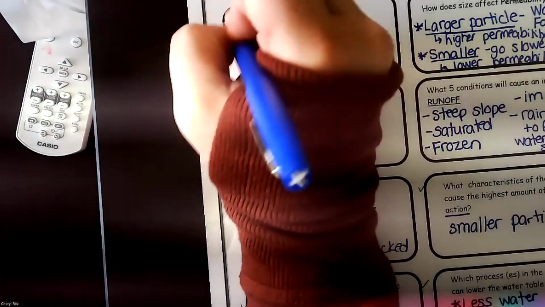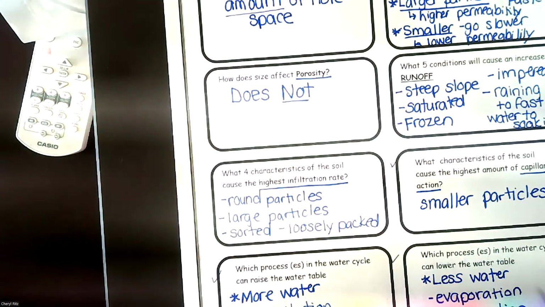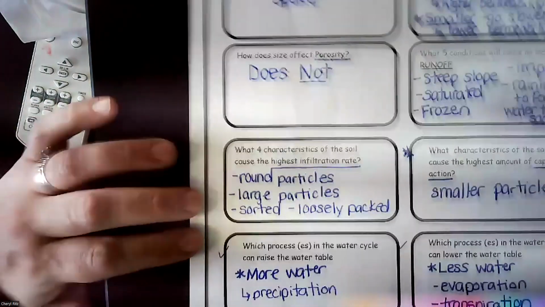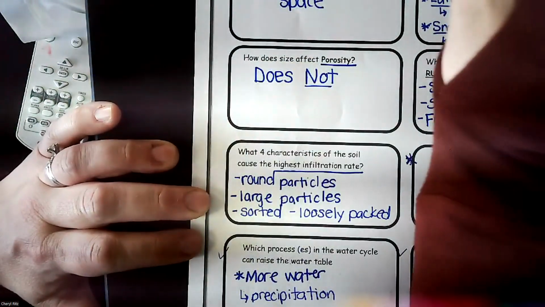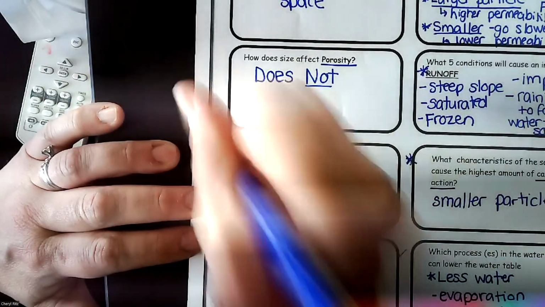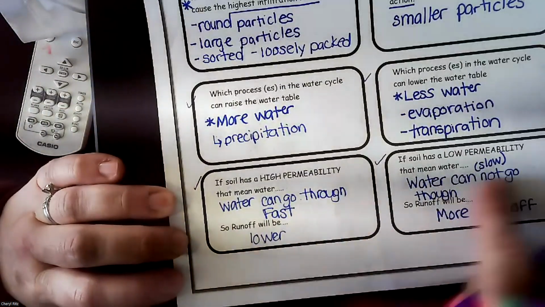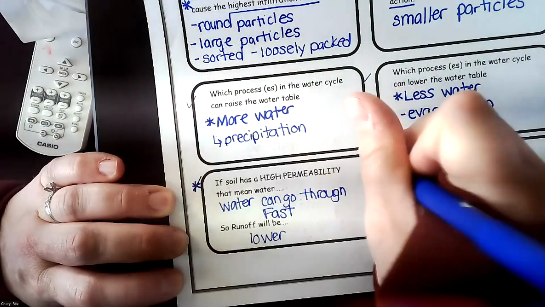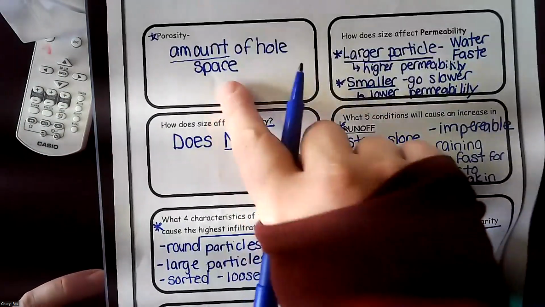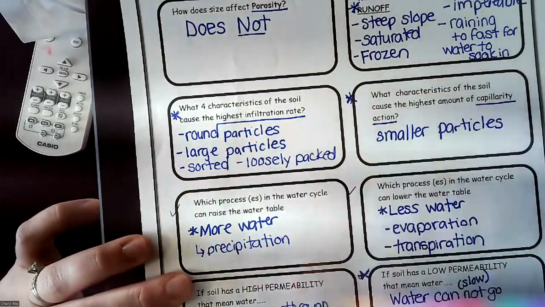There is a question about porosity. There is a question about capillarity action. You definitely need to know when runoff is great and when infiltration is great, which also goes along with these bottom two boxes. Porosity, capillarity action, when those are best.